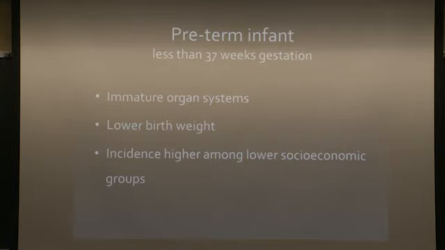The incidence of preterm births is higher in lower socioeconomic groups, which is likely because of lack of prenatal health care. Other factors associated with preterm birth are gestational hypertension, maternal infection, multifetal pregnancy, premature dilatation of cervix, and placental or umbilical cord conditions that affect the fetus's nutrition.